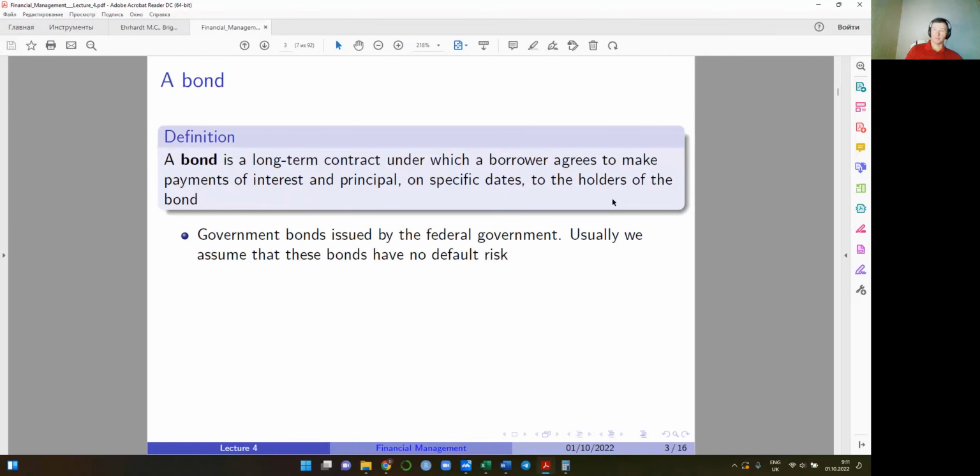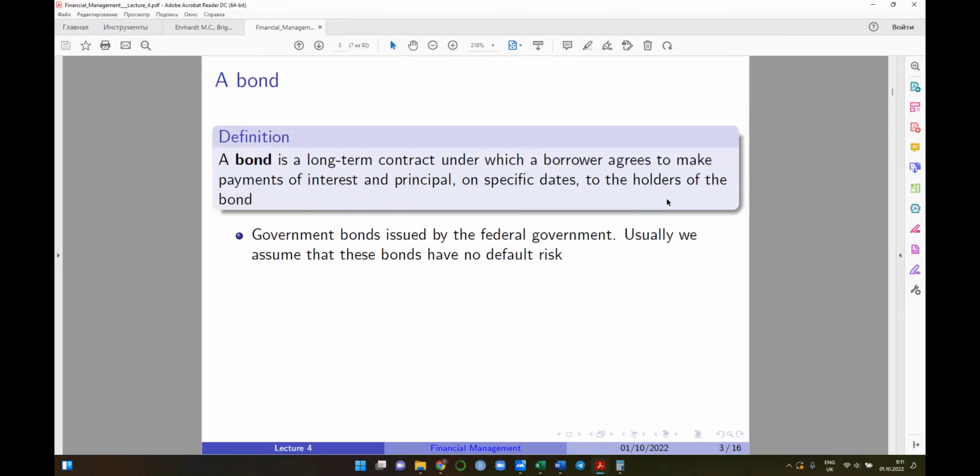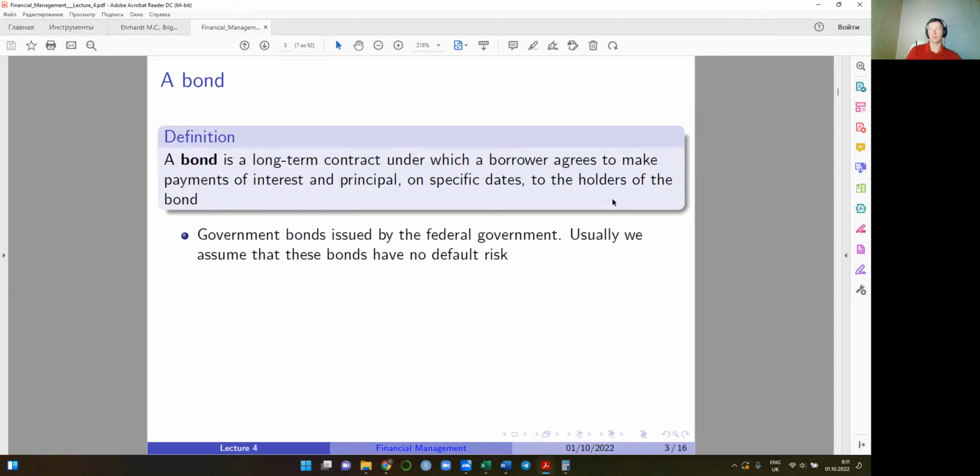There are different types of bonds. Usually these types differ by the issuer of bonds. Government bonds are issued by the federal government, usually. We assume that these bonds have no default risk. What does this mean?